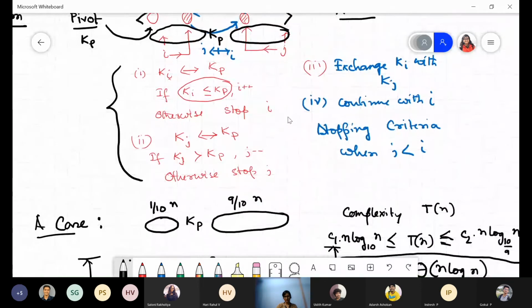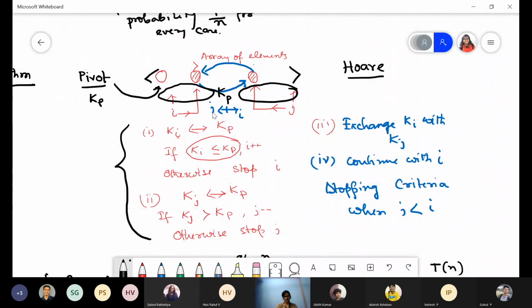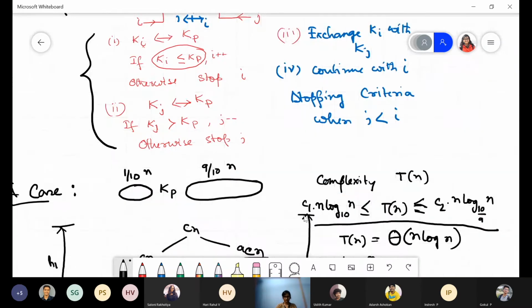here we compared the elements, whichever is under KI or under KJ, only with the pivot. In no other case are we comparing between the elements. So here less number of comparisons will be there. That is the most crucial point for this algorithm to have less complexity.